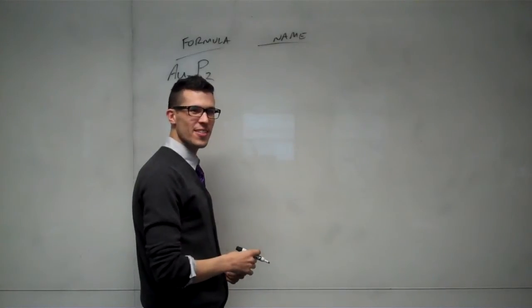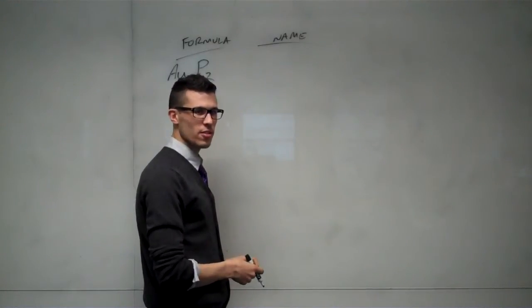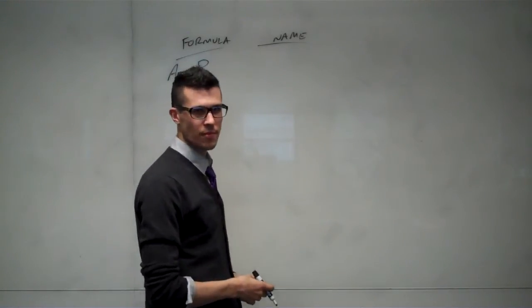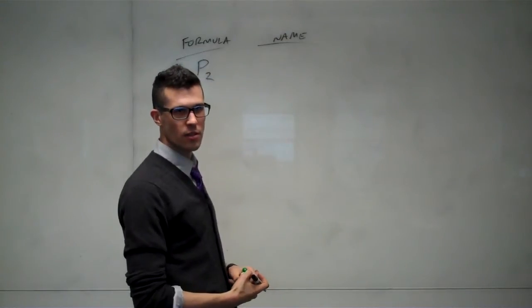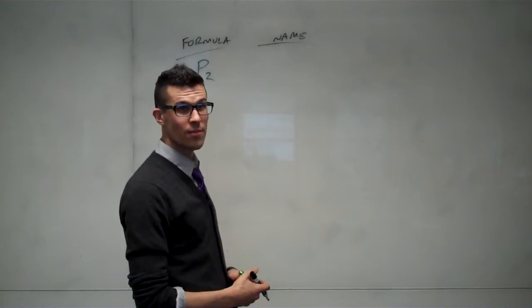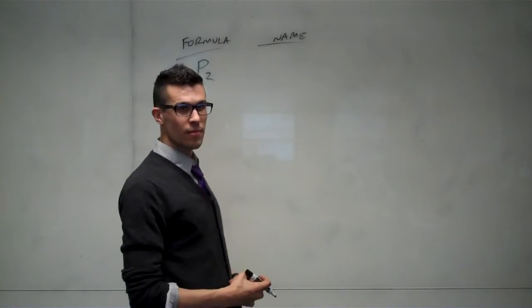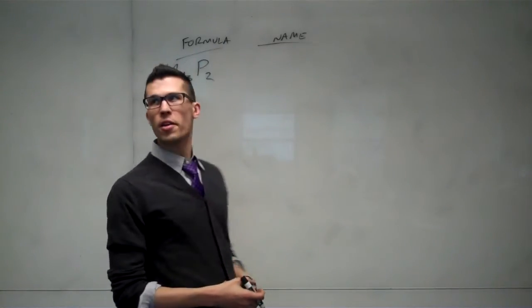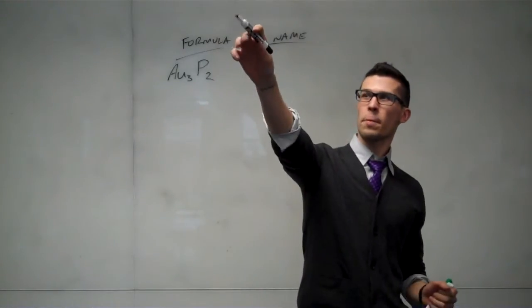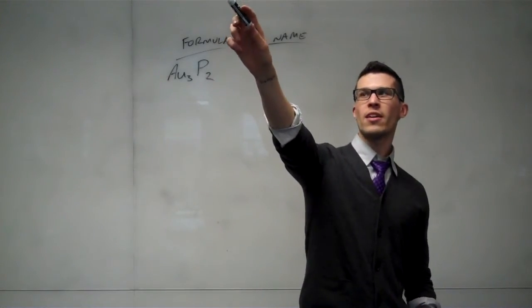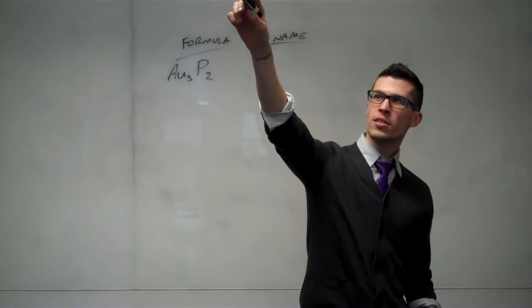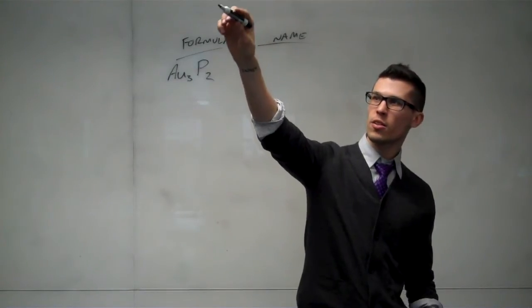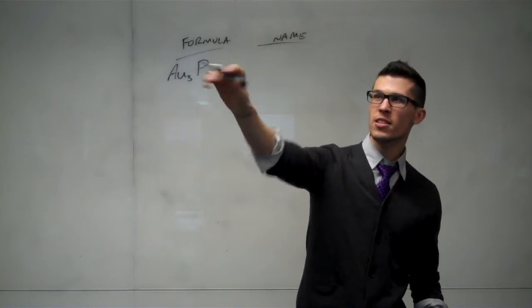Andrew, I have two questions. On the periodic table, at which point do the metals turn into non-metals? The staircase. See the stair step? With boron, silicon, arsenic, tellurium, astatine.